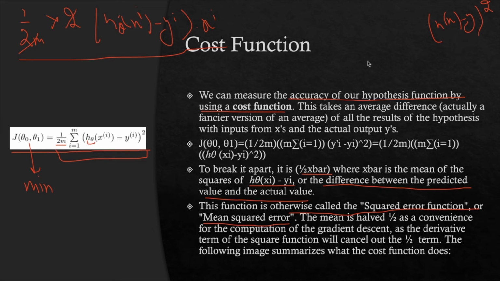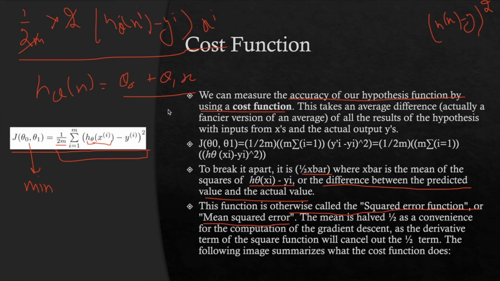This is our h of theta hypothesis function, h of theta x, which will be equal to theta 0 plus theta 1 x. When we elaborate, this will be written here.